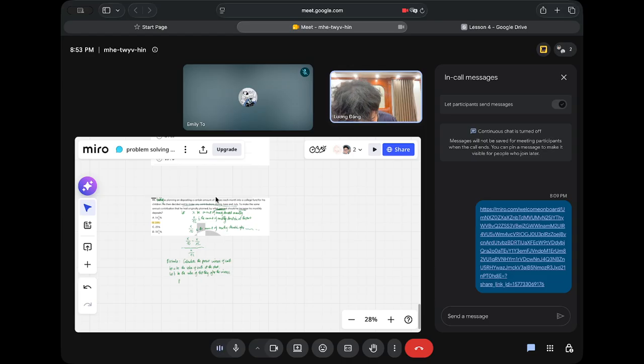The percent increase equals B minus A over A. Remember that formula.